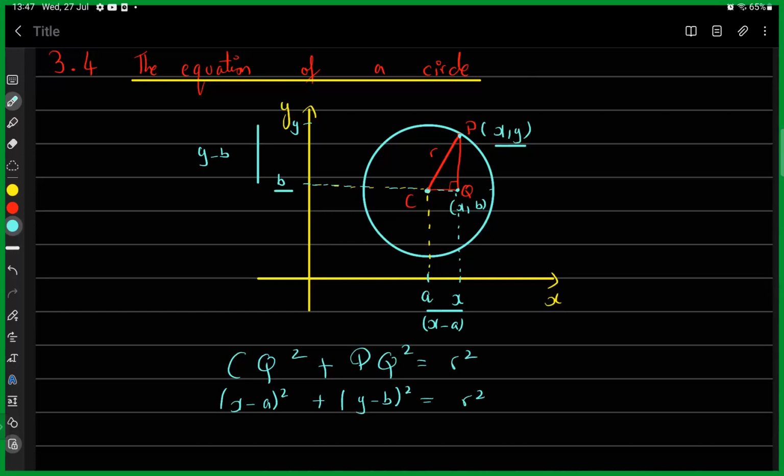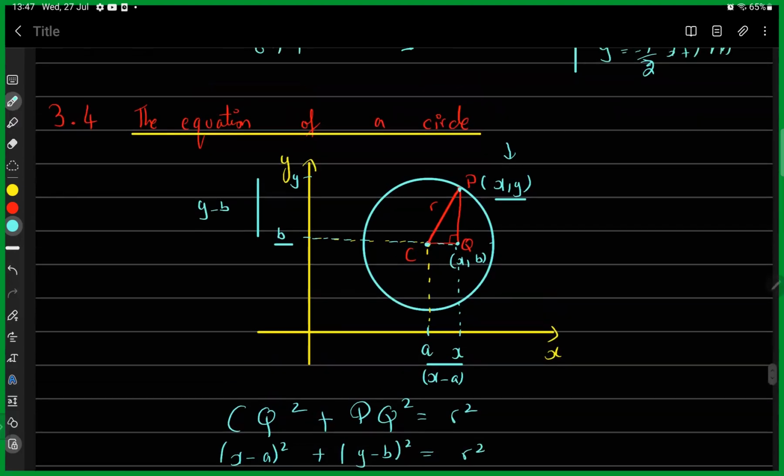And why exactly did we keep this X, Y? Because I could have used any other variables for the center, like it could have been, let's say, H and K. We usually use H and K in some books. And I could have made the right angle triangle somewhere here as well. So the idea is going to be the same.